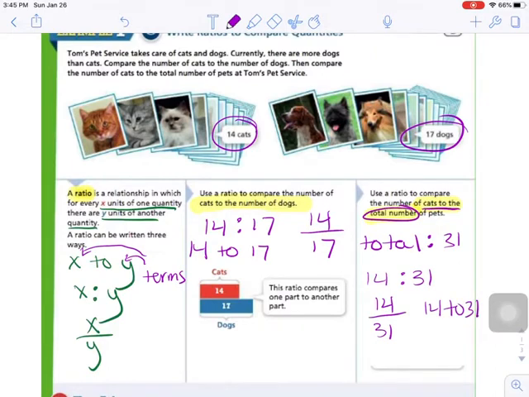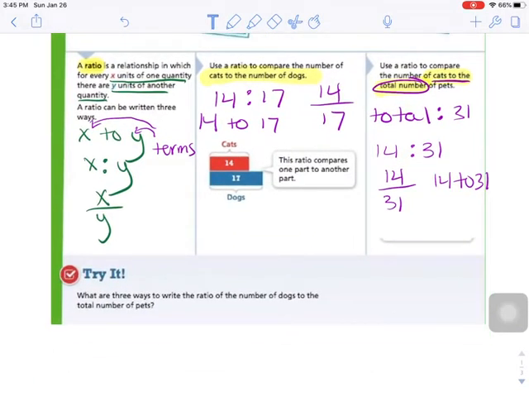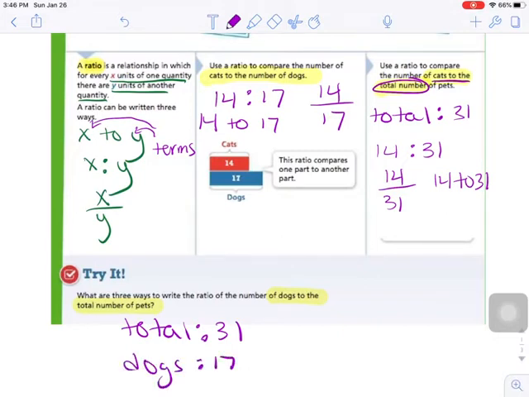All right, so I want you guys to try this now. What are three ways you could write the ratio of dogs to the number of total pets? Remember, with our total pets at this service, we have 31 total pets, and the number of dogs that we have is 17. So I want you to write 3 ways of writing dogs to total number of pets.